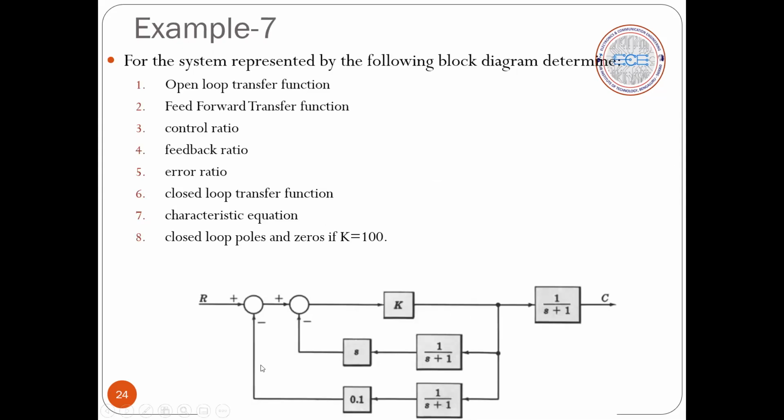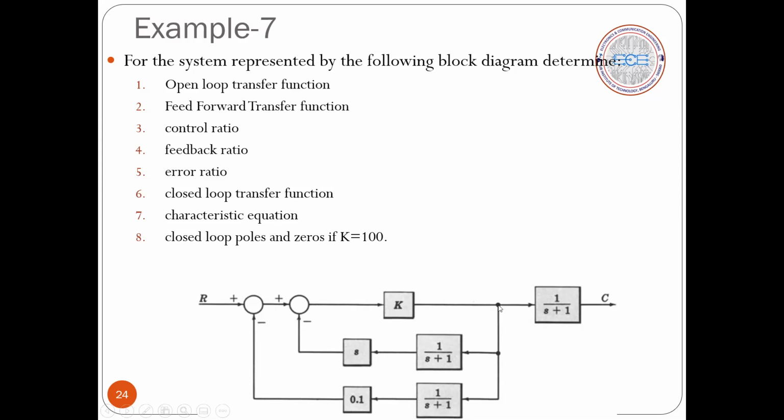So this is an exercise, you please do it. I'll give you the hint. You have to group these two blocks which are in cascade, correct? And this takeoff point you split into two. Take a separate path for this summer, take a separate path for this summer. These two you group according to the cascade rule, and this inner loop you have to simplify.